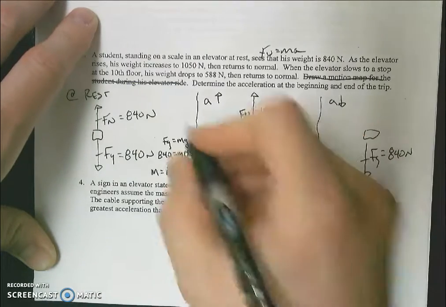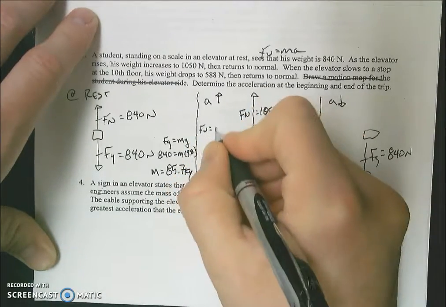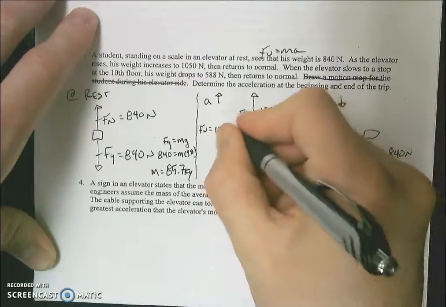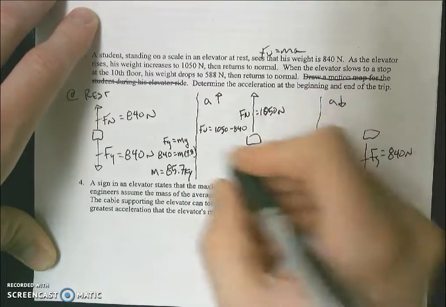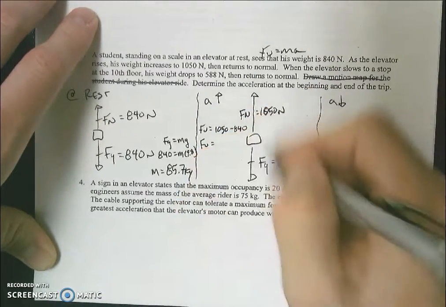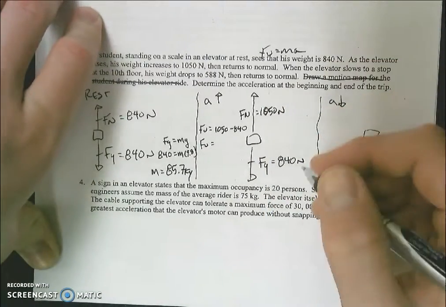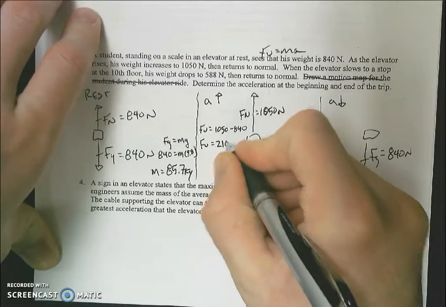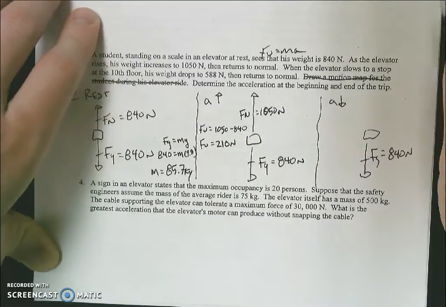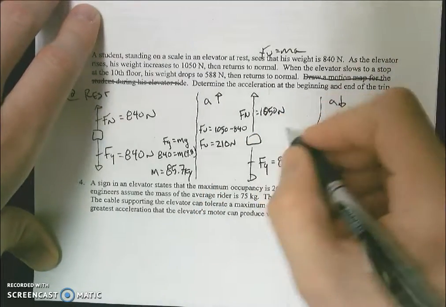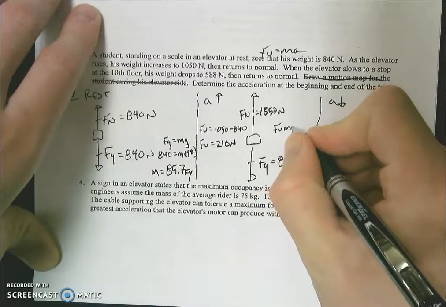My unbalanced force is going to be 1050 minus 840, seeing that this pull is larger than that pull, so the unbalanced force ends up being 210 newtons. Now that I have that, I can apply it to FUMA.